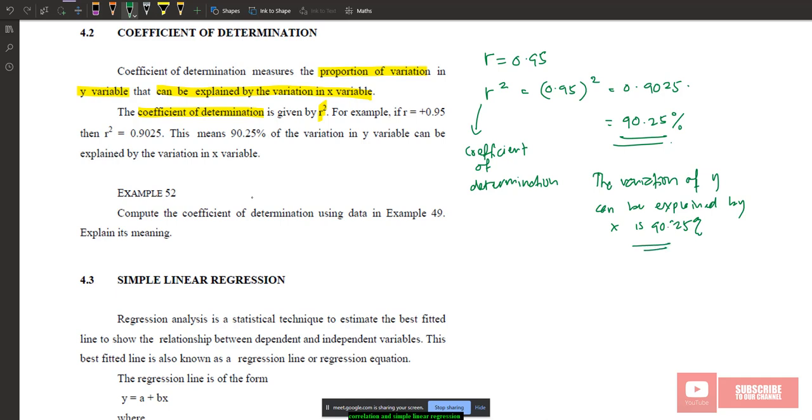So otherwise we can say there are 90.25% of the variation in y is explained by x, right?